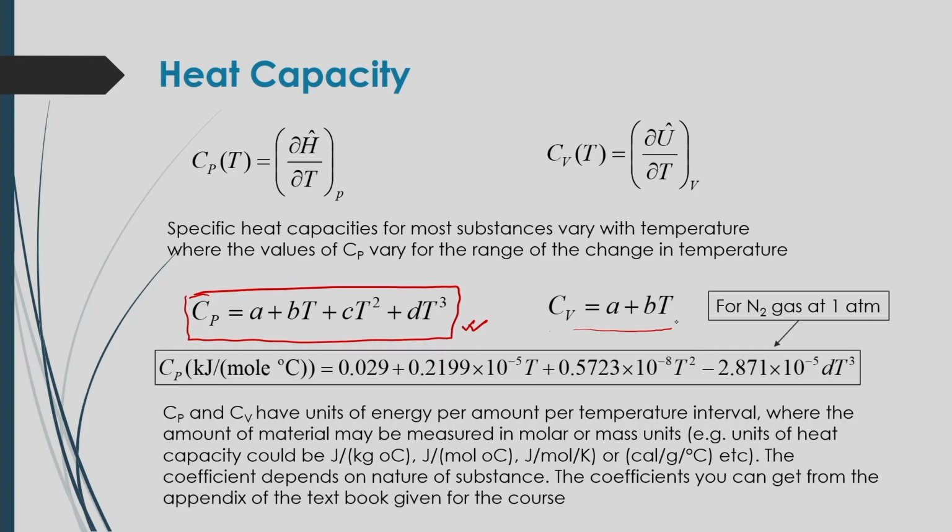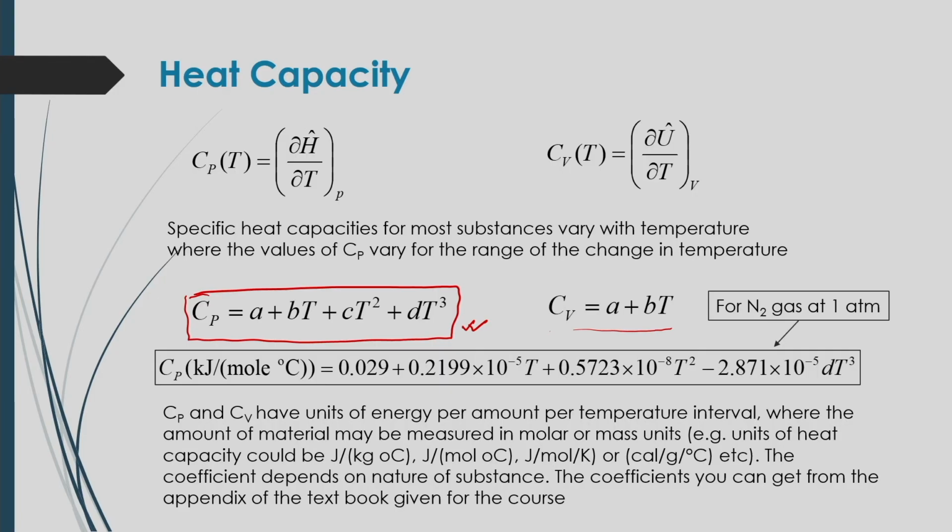Here A and B are also constants which depend on the nature of the substance or material, and these coefficients you can get from your textbook. It is given in the appendix for different materials what will be the value of A, B, C, D and A and B for the specific heat capacity at constant pressure and volume respectively.